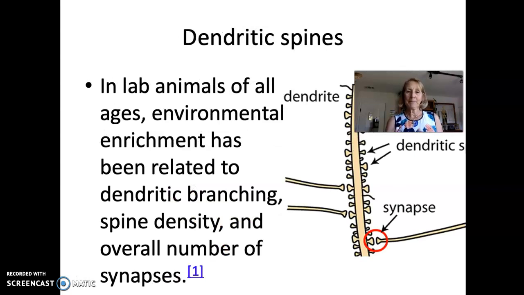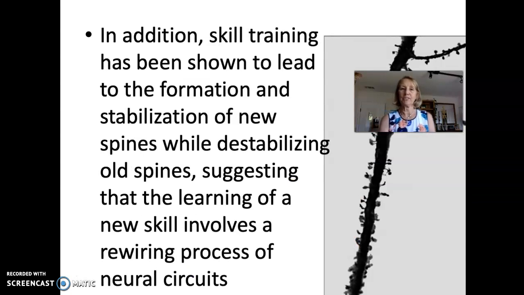In lab animals, I'm going to read you this. Environmental enrichment has been related to dendritic branching, spine diversity, and overall number of synapses. So the more synapses, right, the more adapted to its environment is this organism. So very cool that we have those.